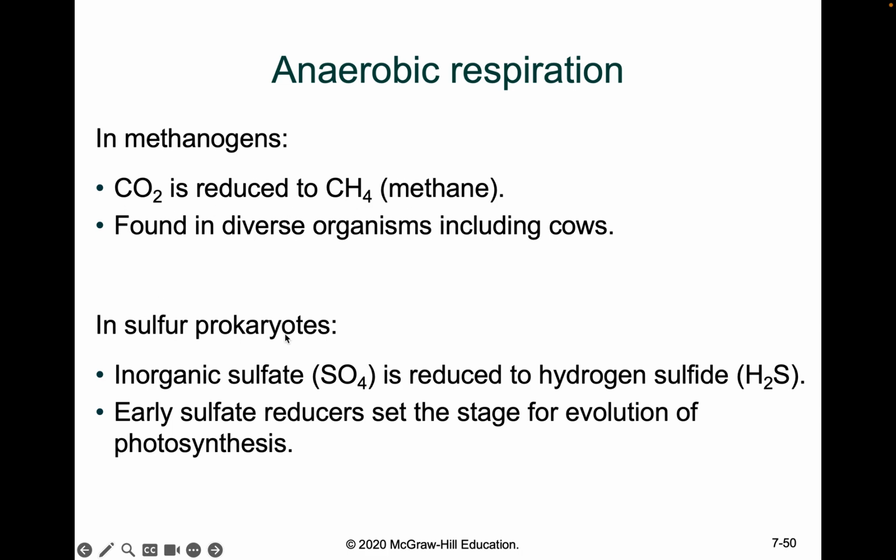Then you have sulfur prokaryotes. These are mostly bacteria, and they take inorganic sulfate, which is SO4, and reduce it to hydrogen sulfide. We saw that this was one of the earliest stages of evolution when it comes to photosynthesis.